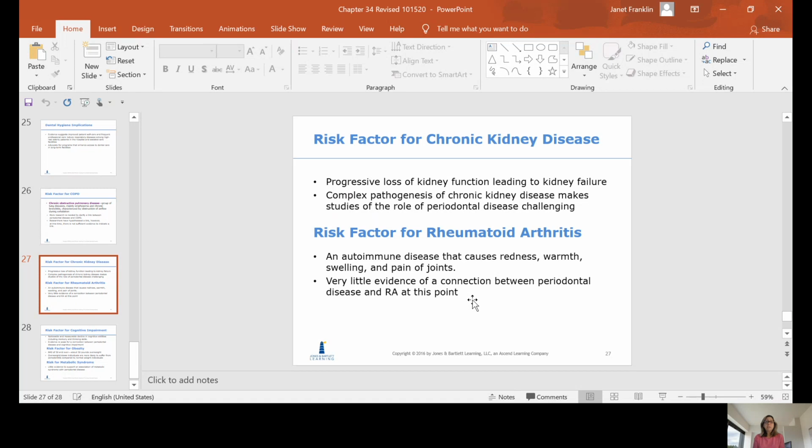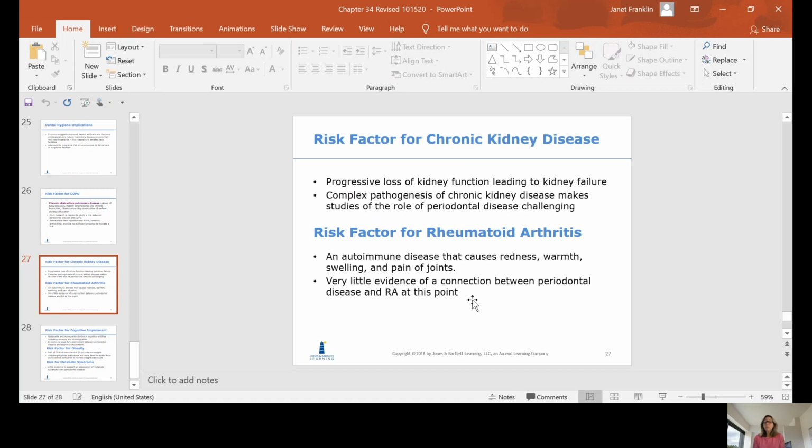The complex pathogenesis of chronic kidney disease makes studies of the role of periodontal disease challenging. So these are going to be your less healthy patients, the ones that have more intense diseases. Again, probably going to be in your nursing facilities, keeping in mind that oftentimes patients that live in nursing facilities will come to your practice.